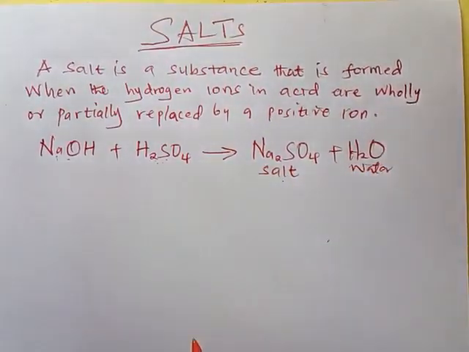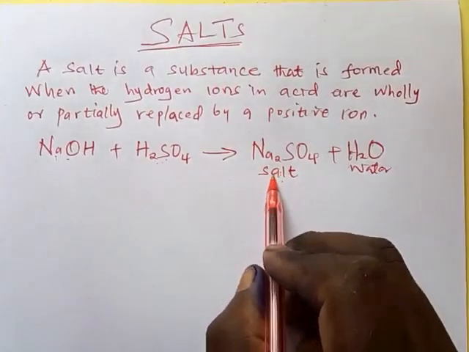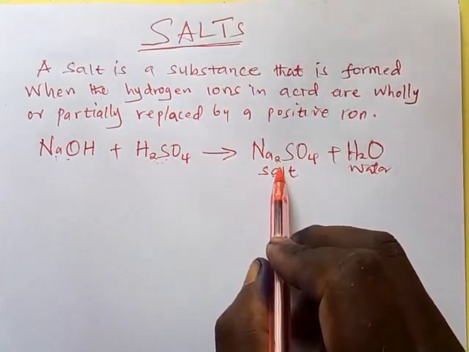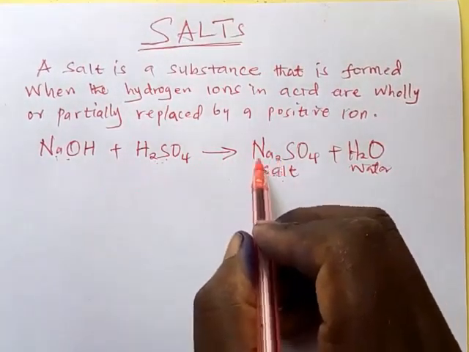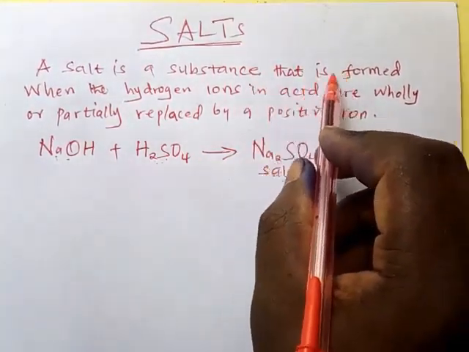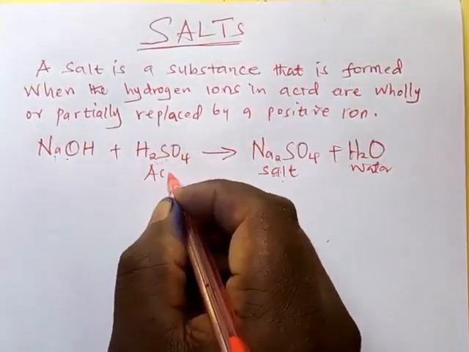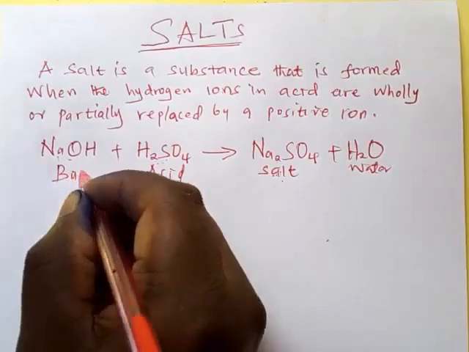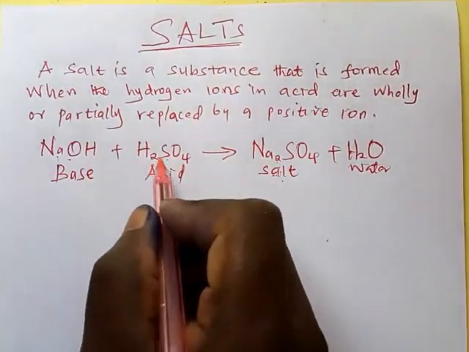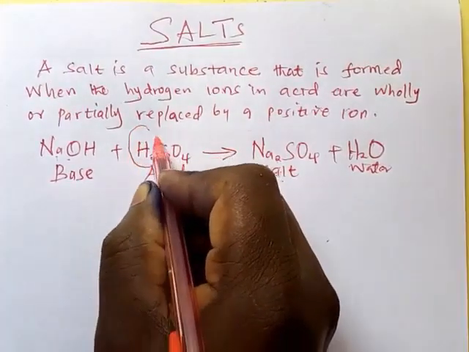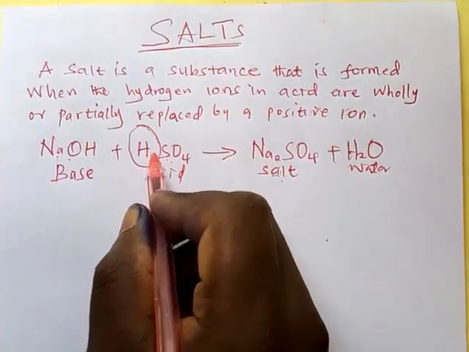Now what is a salt? A salt is a substance that is formed when the hydrogen ions in the acid, this is the acid, and this is the base. Now look at this acid. The hydrogen ions in the acid have been replaced.